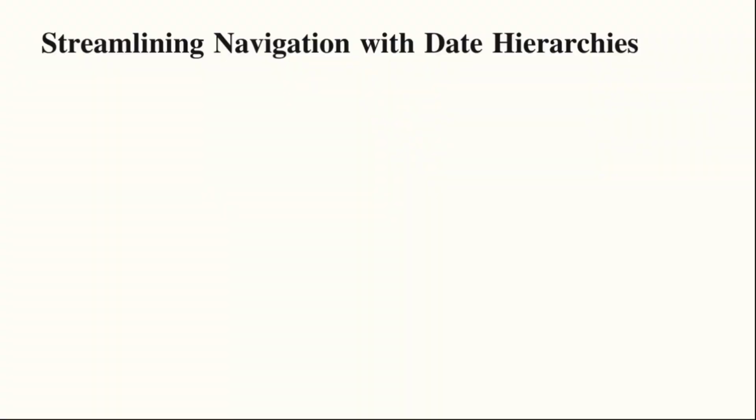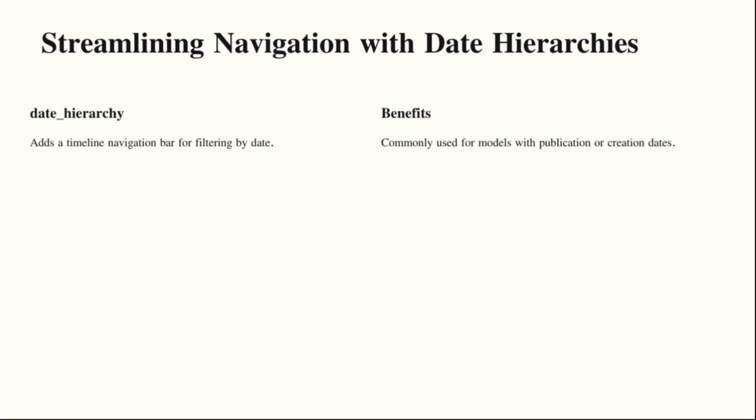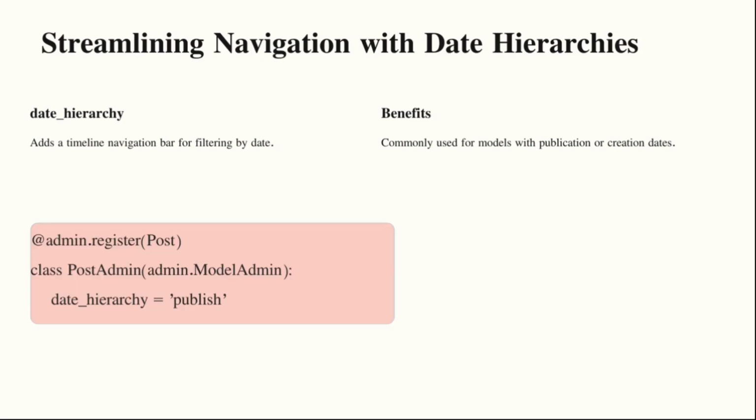Finally, let's add a date hierarchy to our admin interface. This feature adds a timeline navigation bar at the top of the list view, enabling you to filter records by dates. This makes it much easier to navigate posts by year, month, or day, which is particularly useful for blog posts.